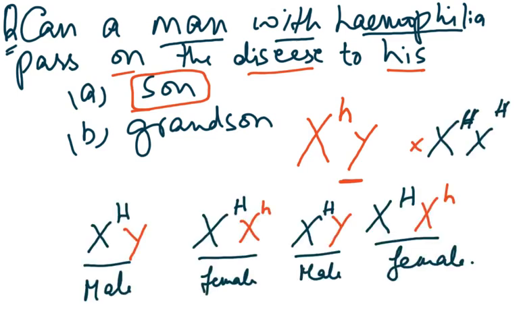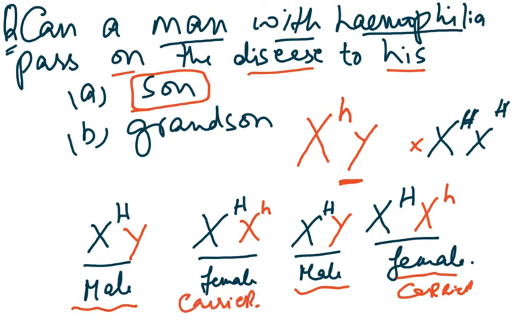Now this makes it very clear that the Y is going to go to the son. So the males have the Y chromosome, so they are not sufferers. But neither are the female sufferers. This female is a carrier, and this female is a carrier too.